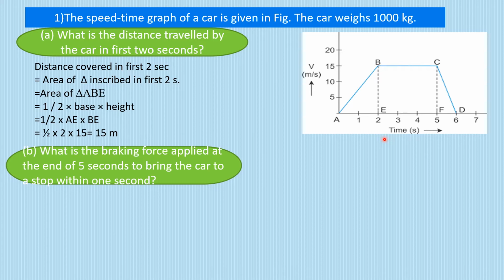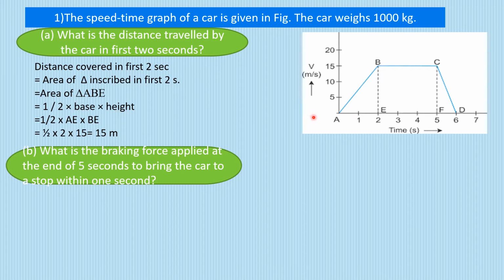Whenever from the graph you have to find the distance or the acceleration, first is the concept, that is how you calculate from the graph. So distance is calculated by area. Second, you have to write the name of the figure, the triangle. So here it is ABE. Third, you have to write down the formula of the area of the triangle, which is half base into height.